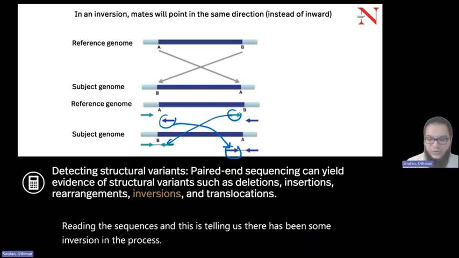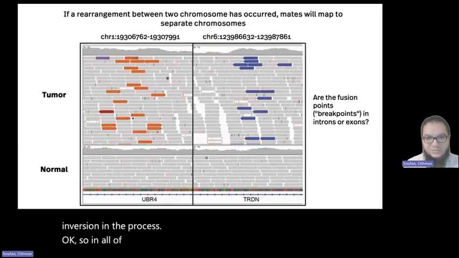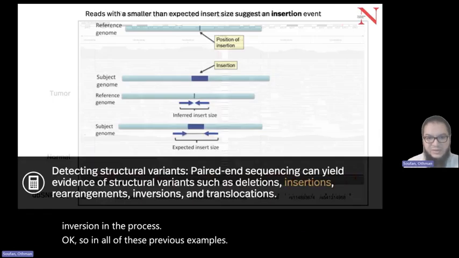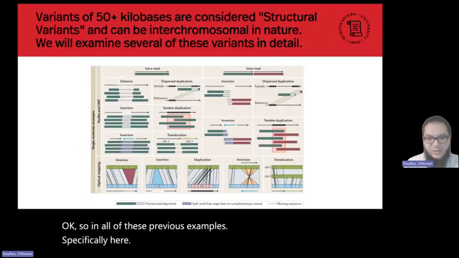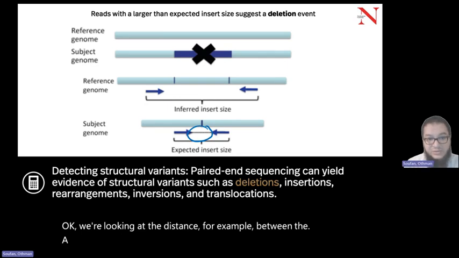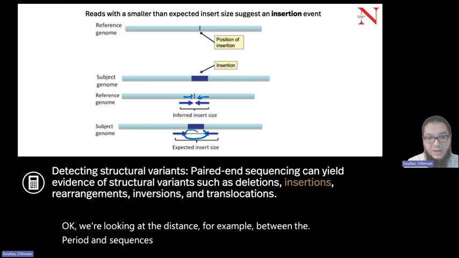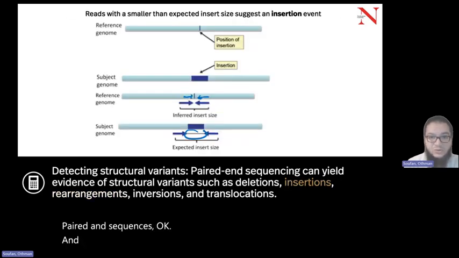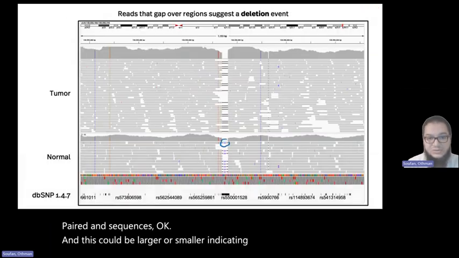Okay, so in all of these previous examples, we're looking at the distance, for example, between the paired end sequences, and this could be larger or smaller than the reference expected area, indicating deletion or insertion.